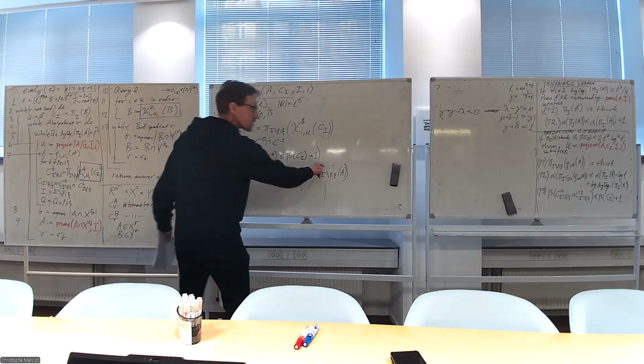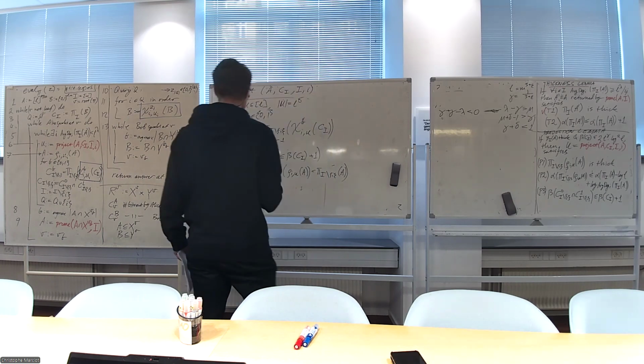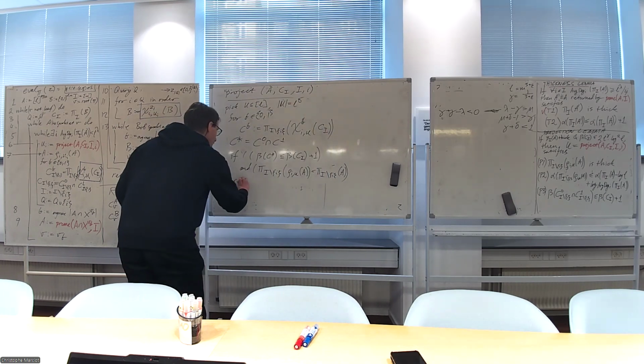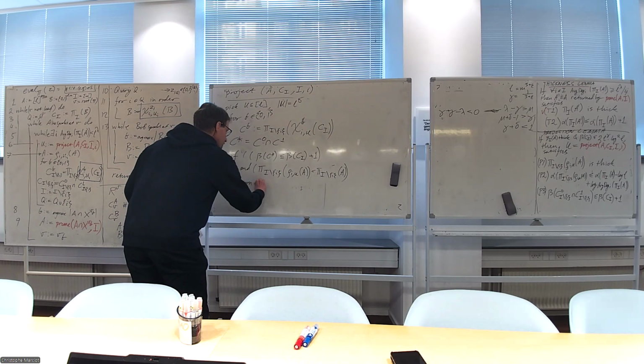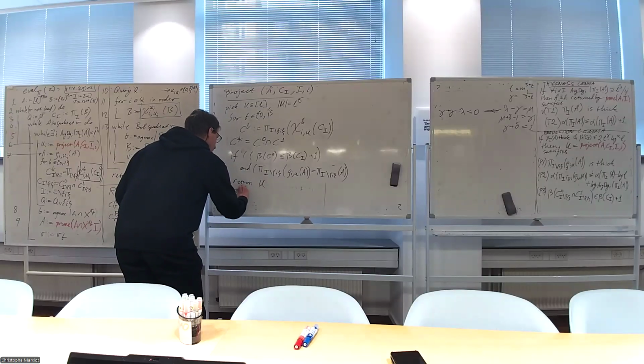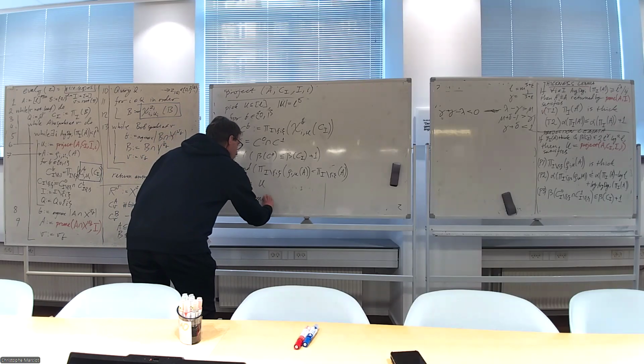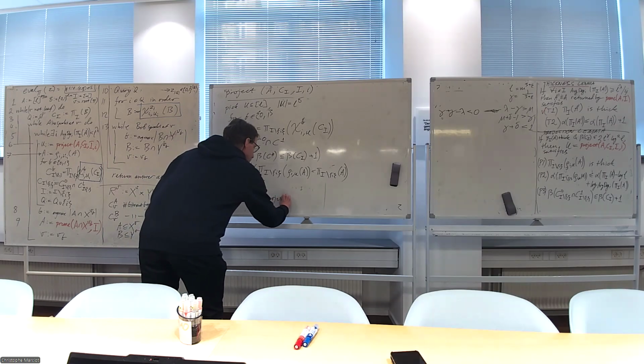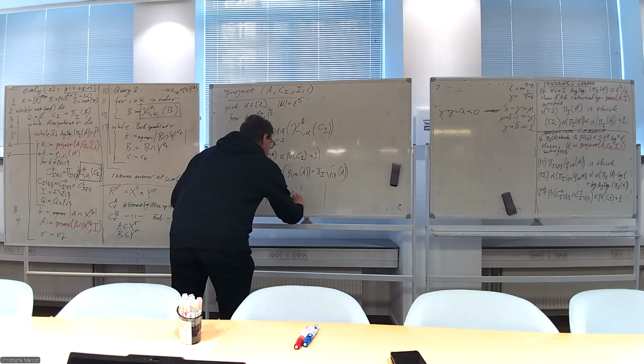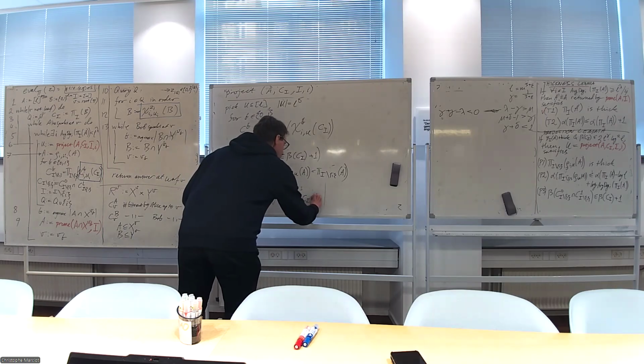So if these are actually the same, then I return U, else I call project. I return project A, pi, I. I try again.